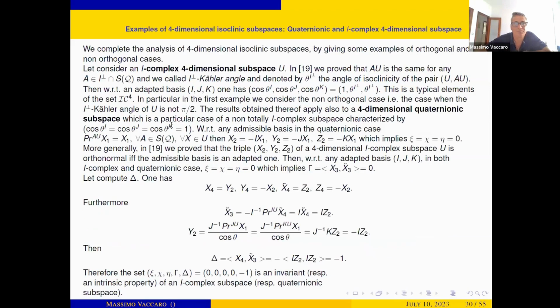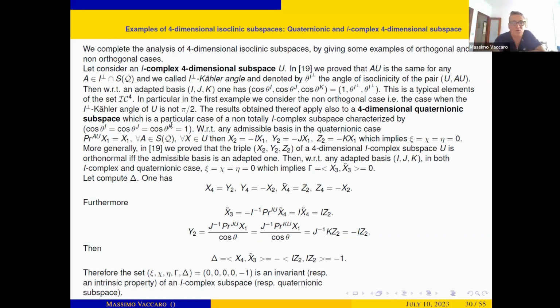Examples: there are 2 examples in the article that I already published. For instance, I-complex subspaces. A subspace is called complex with respect to any complex structure, let's say A-complex, if U equals AU, so U transformed by A is the same as U. If U and IU are the same, then it's I-complex.